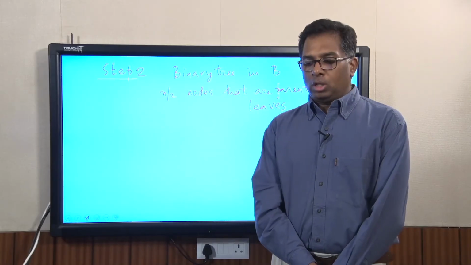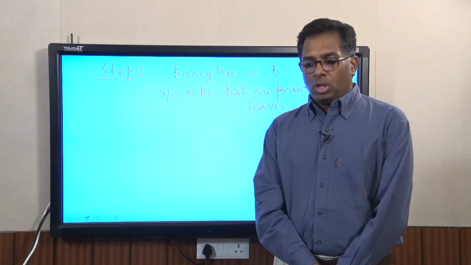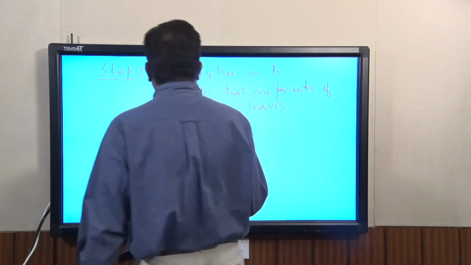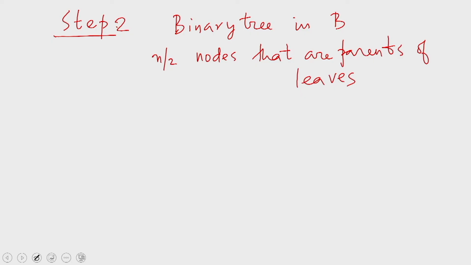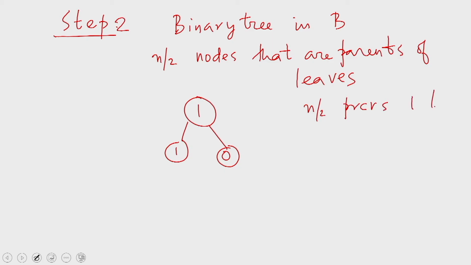These processors will look at the children of these nodes and will find the OR of the children and keep them at these nodes. That is, the processor sitting here will look at the left child as well as the right child, take the OR of the bits at the children and store it within the node. So, this will require n by 2 processors and unit time. This is the first substep.